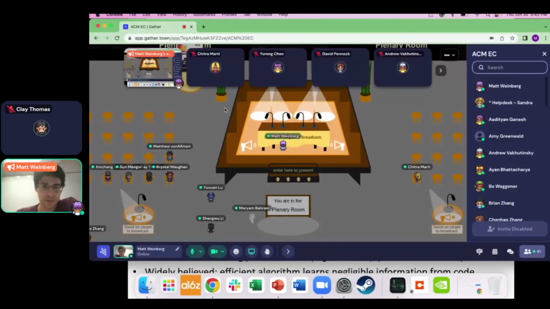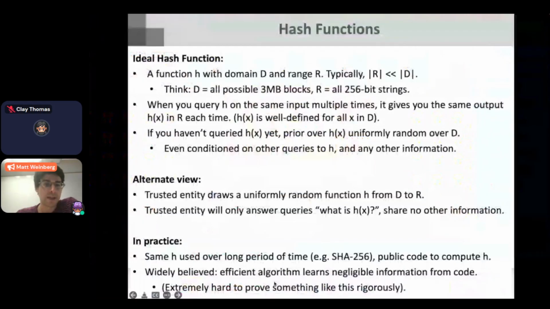Now, of course, in practice, we don't have this trusted entity who's doing everything for us. In fact, what we have is the same hash function used over a long period of time. In Bitcoin, for example, they use SHA-256, and there's public code that everyone knows to compute h.